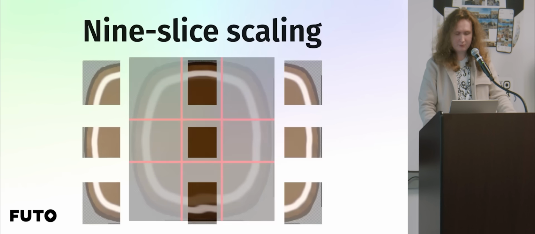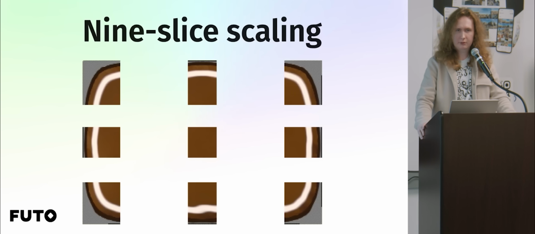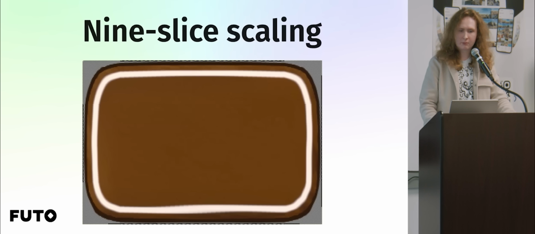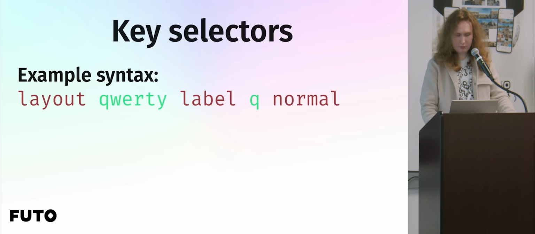If you want to cover a larger area, you just place them like this, and the top and bottom ones stretch horizontally, the left and right ones stretch vertically, and the center one stretches both ways, so you fill the whole rectangle you're trying to fill. This is a standard technique used widely in UI, and that's what we're using.